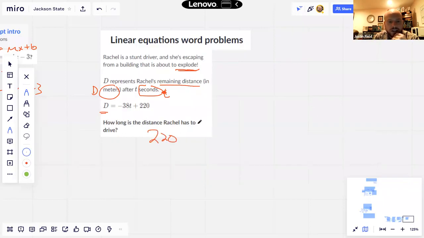How long is the distance Rachel has to drive? They're asking us for the distance. They're asking us for y. And they're asking us for the total distance she has to drive, which is before she has started driving. She has to drive the total distance. So before she started is the y-intercept. It's 220.